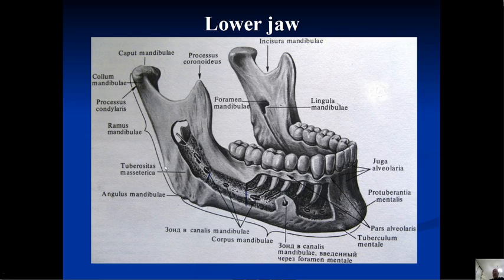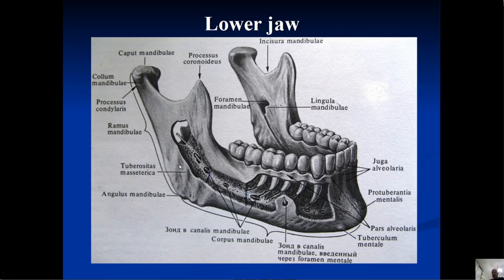The next one, this is the body of mandible. It supports the alveolar process. The body has a lower border forming the chin in the front and the angle of the jaw at the back. On the outer surface of the body, there is the external oblique ridge, to which the buccinator muscle is attached.